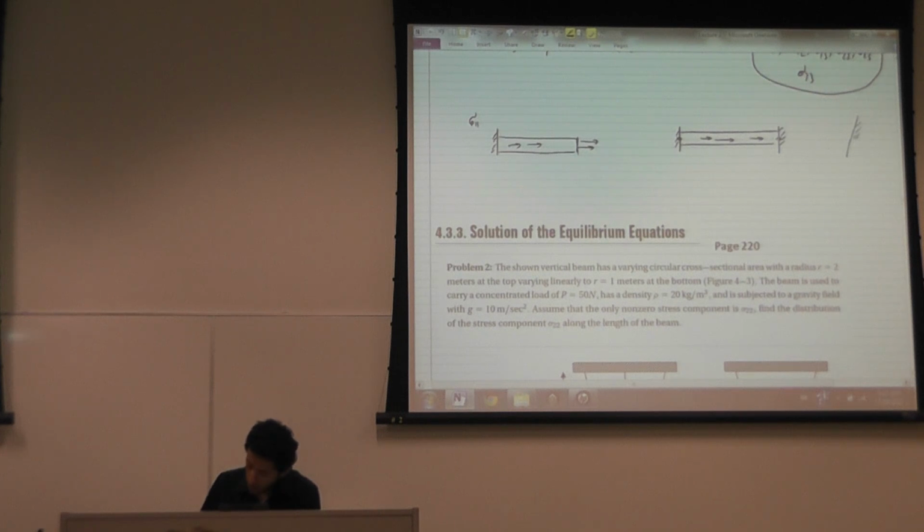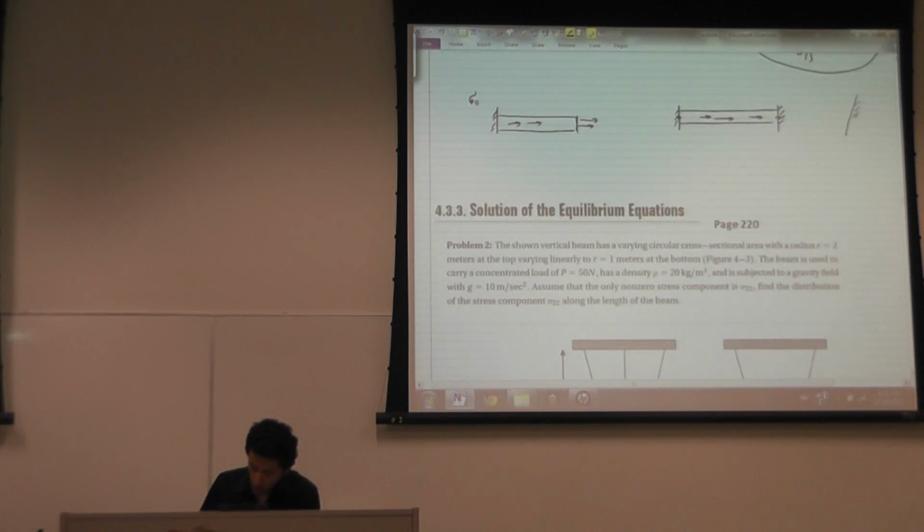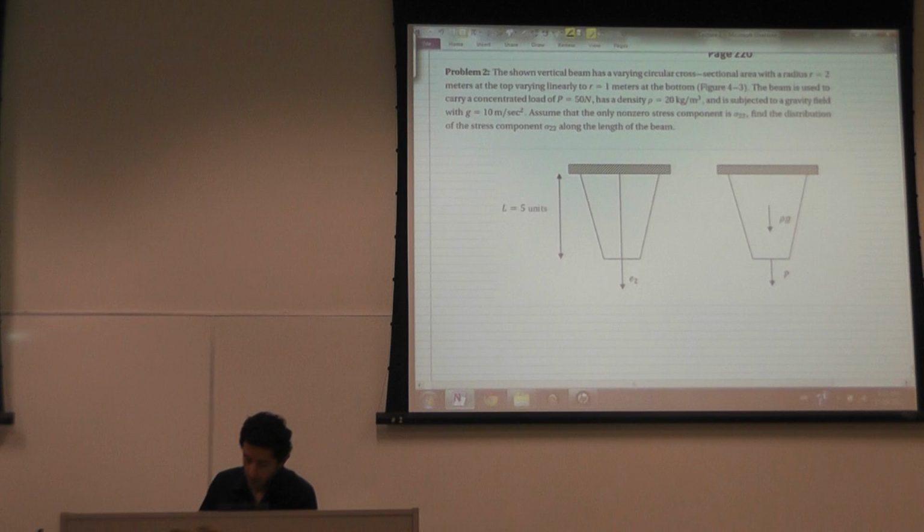So, in the first problem, I have a boundary condition here. I have this object that's hanging. It's a circular object. The radius here is equal to 2 units, and the radius here is equal to 1 unit.